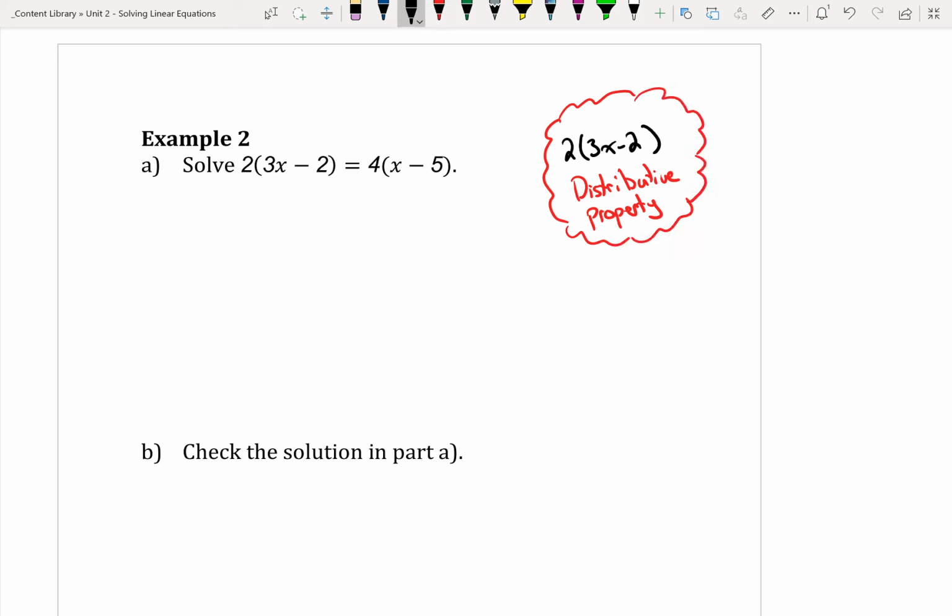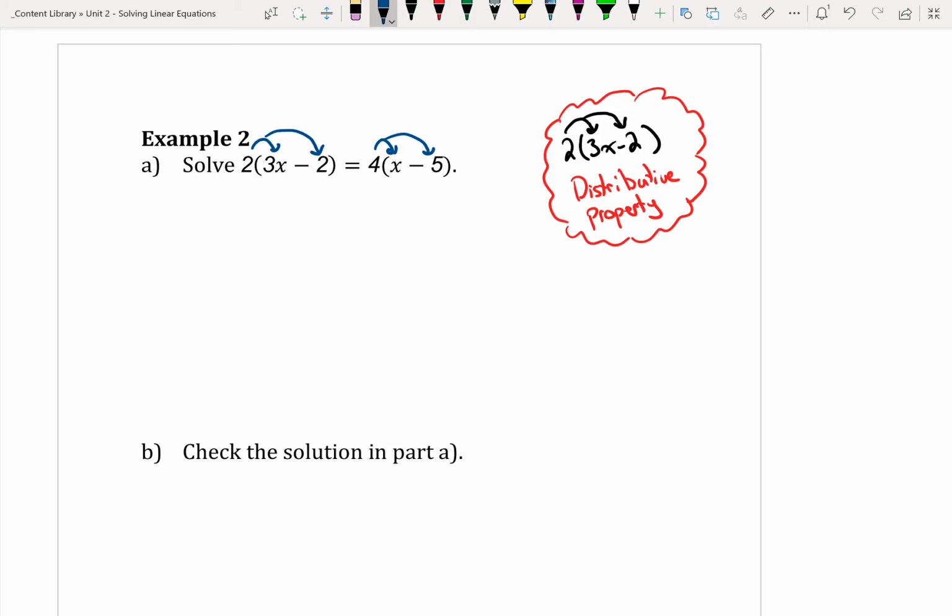Because I'm multiplying 2 by everything in the bracket, that 2 needs to be multiplied to both parts. So in both sides of my equation, this 2 needs to be multiplied to both parts, and on the other side, the 4 needs to be multiplied to both parts.